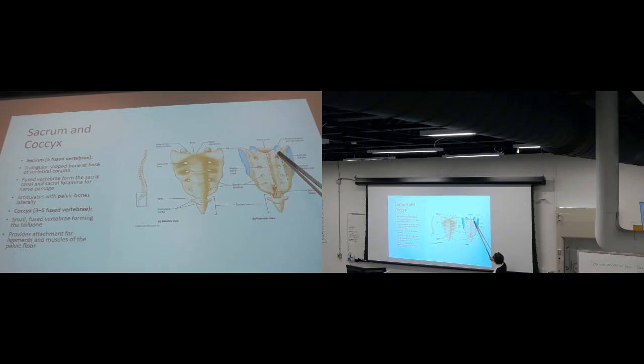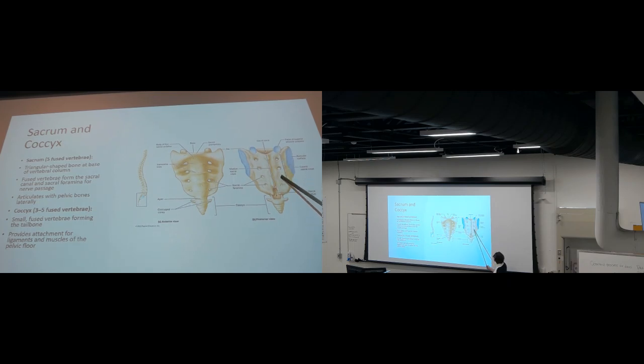And now in the posterior view, what you can see is the sacral canal just posterior to the promontory. It's an opening through which we have cerebrospinal fluid running. Just below this opening for the sacral canal, we have the fused spinous processes, which is called the median sacral crest.